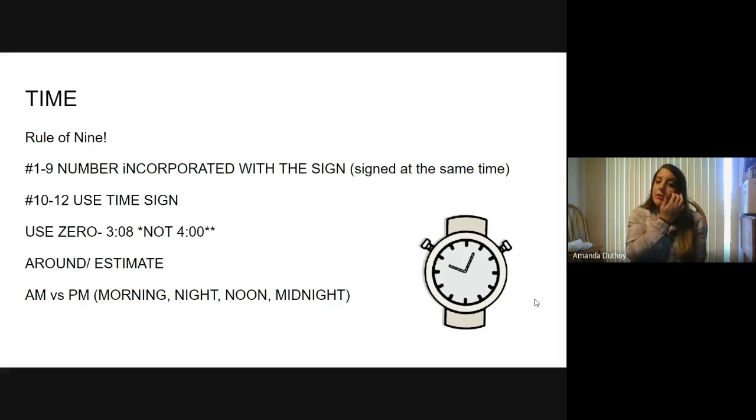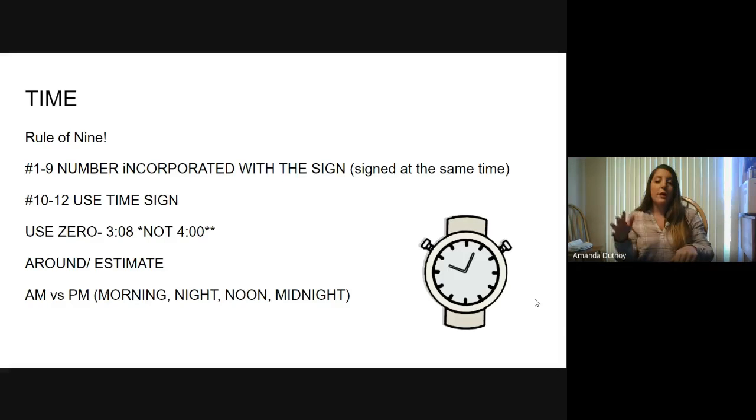When we're talking about time, you follow that rule of 9 that we talked about with age, right? So 1 through 9 are incorporated with the sign. The sign for time: you point to your watch with your 1 hand shape and an S hand shape. So 1 o'clock, 2 o'clock, 3 o'clock, they all come off your wrist. 4, 5, 6, 7, 8, 9.